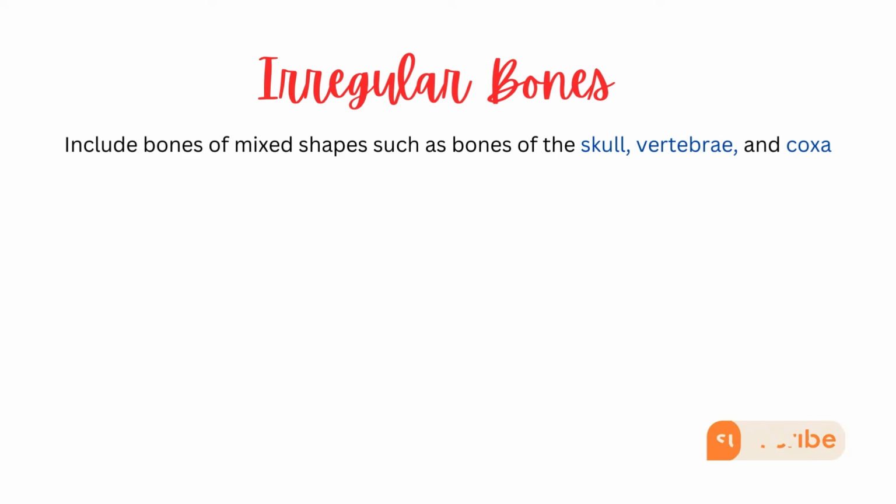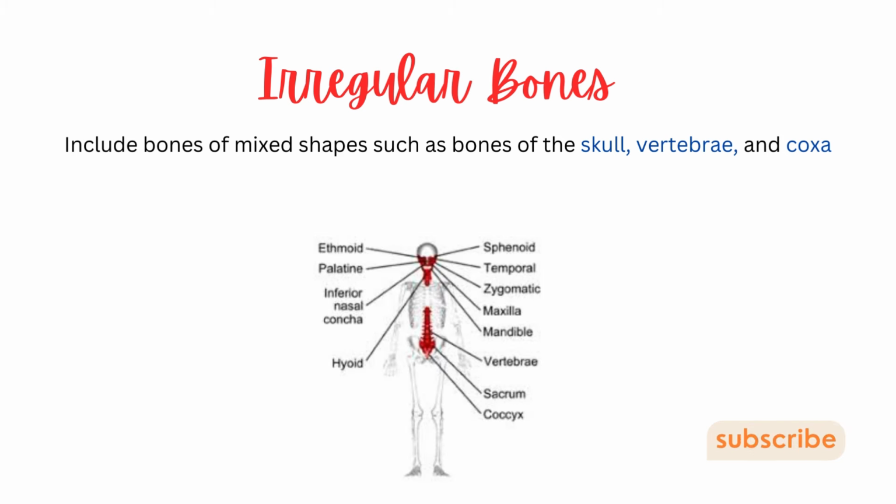Because we have discussed earlier that some bones of the skull were flat. So here, which ones are the irregular ones? The irregular ones are the ethmoid, the sphenoid, the palatine, the temporal bone, the zygomatic bone, the maxilla and the mandible, and the inferior nasal conchae, which are present in the nose, and the hyoid bone, which is present in the neck region or around the thyroid. So these bones of the skull are the irregular ones.